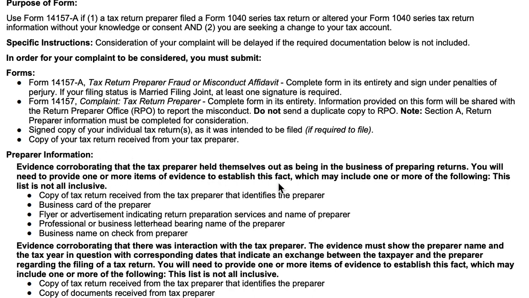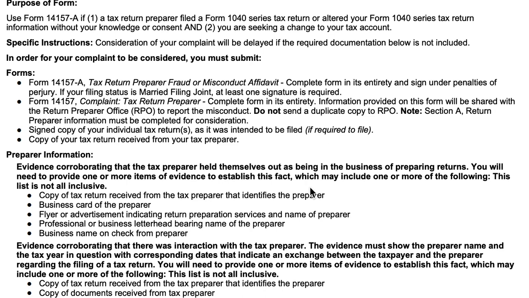If there's evidence that shows the tax preparer held themselves out as being in the business of preparing tax returns, then the IRS would appreciate if you can send a copy of some of this information. It could be a business card, it could be a flyer, but this all falls under the professional conduct guidelines.